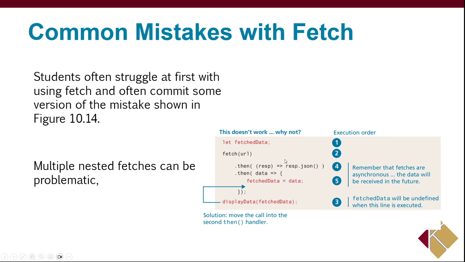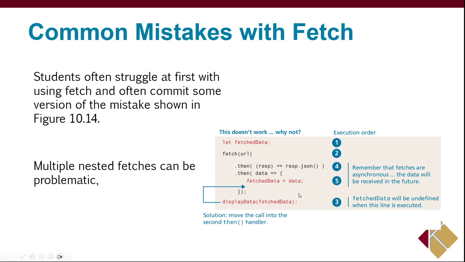So in this one here, we have let fetchData, fetch URL, then the response, and then the data, fetchData equals data, right? Well, the problem is that this is calling a function that it tries to call before it exists.